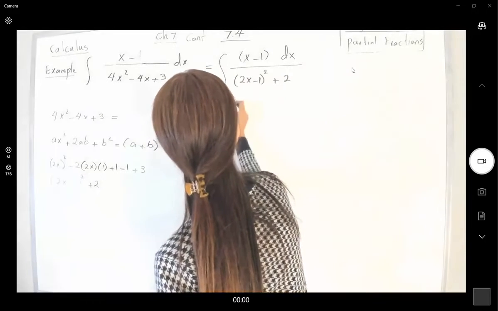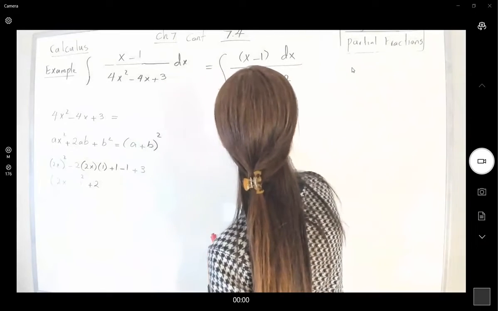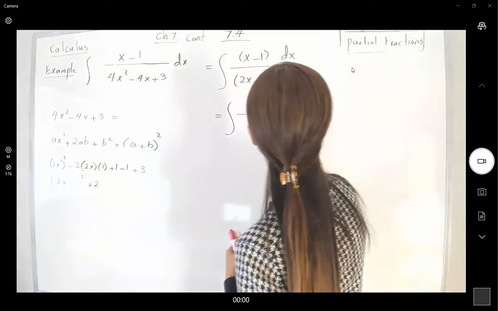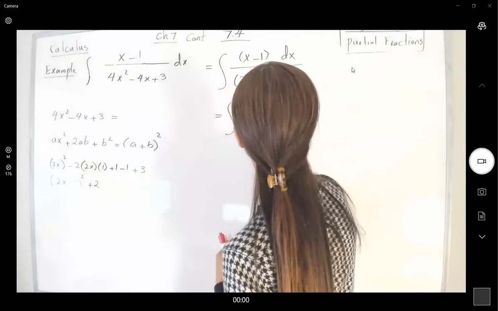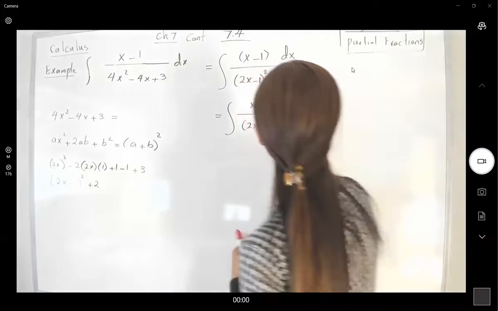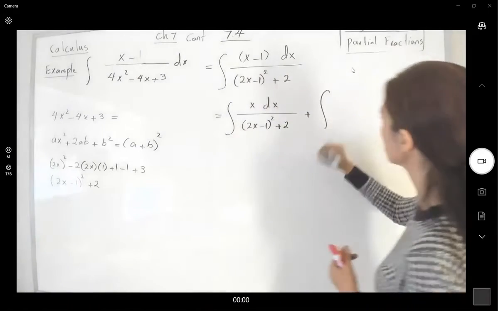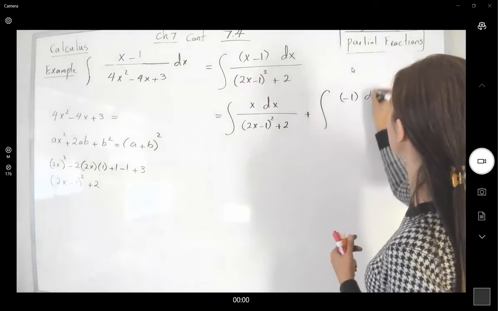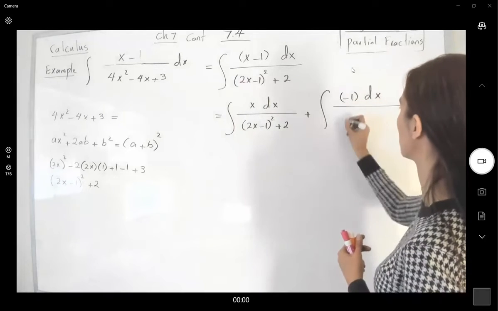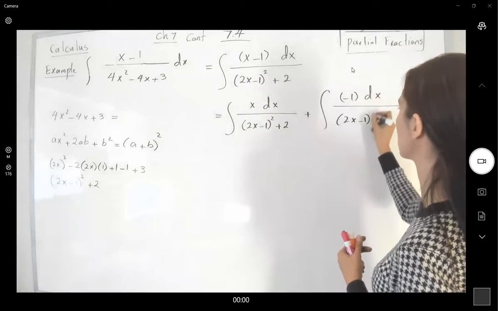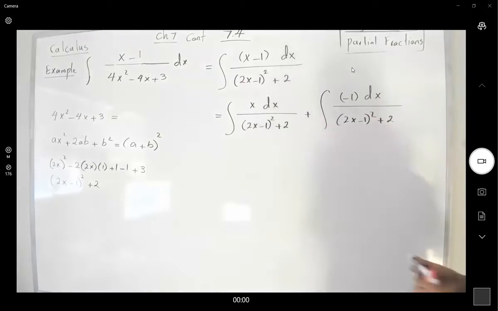This can be separated as the integral of x dx divided by 2x minus 1 squared plus 2, plus the integral of negative 1 dx divided by 2x minus 1 squared plus 2. Very well.